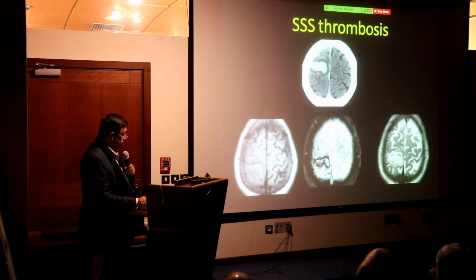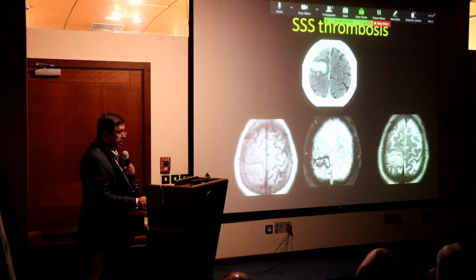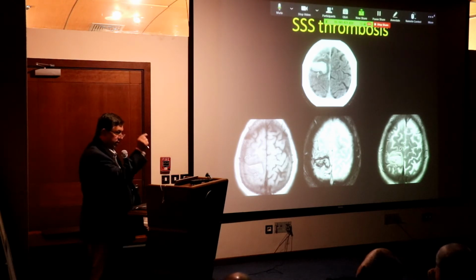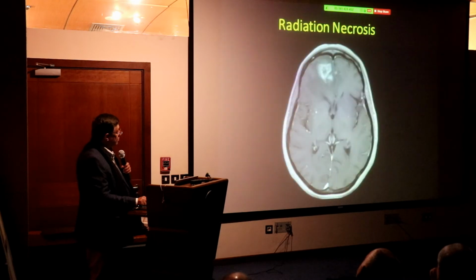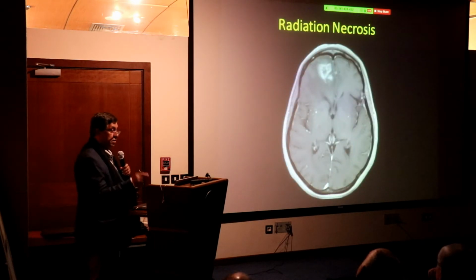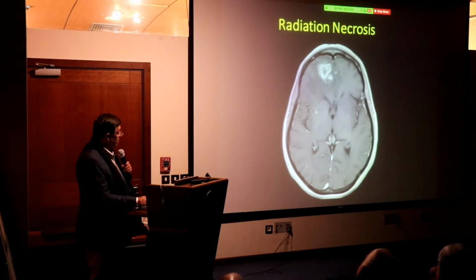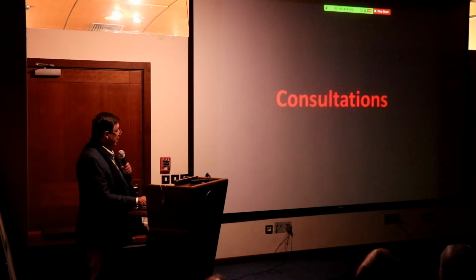This is severe sagittal sinus thrombosis or part? Apart, of course. It could be even cortical vein thrombosis, sure. Cortical vein occlusion like this. Radiation necrosis happening 1 year, 2 years, 10 years, 20 years after radiation. 20 years, I've seen cases like this. So the differential diagnosis is really wide.